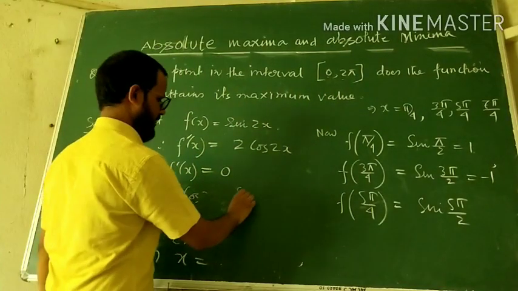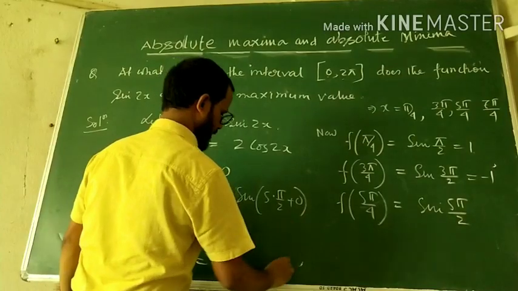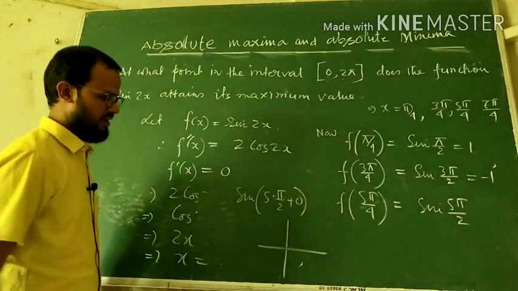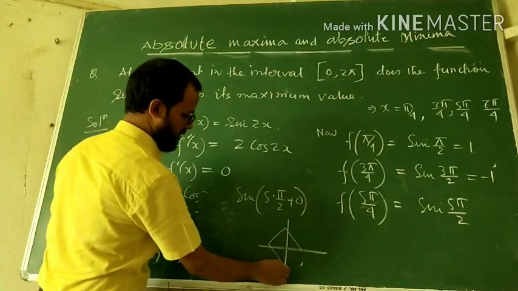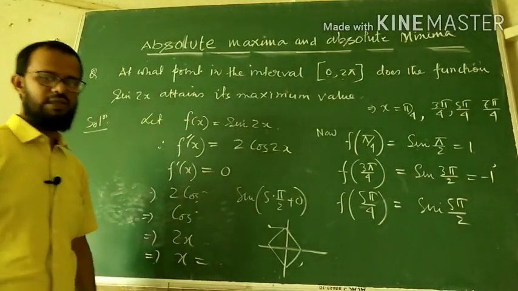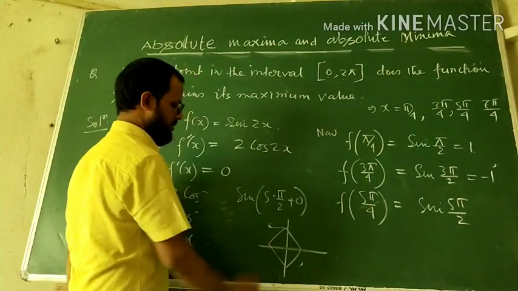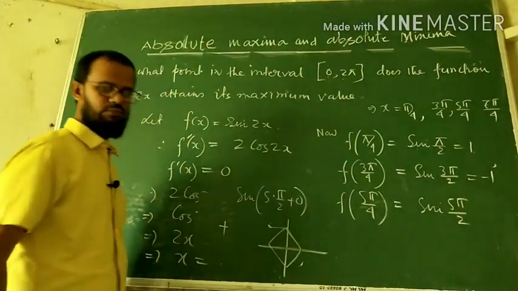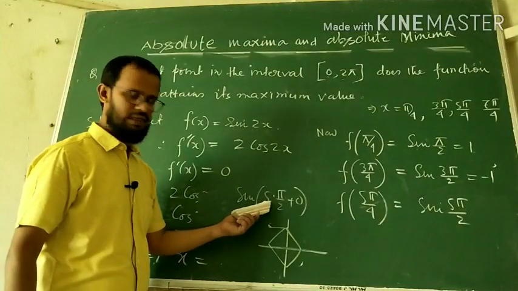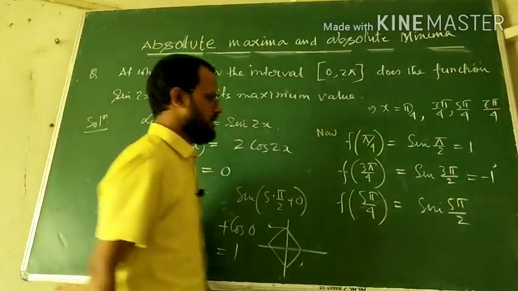Now sin 5 pi by 2, 5 into pi by 2 plus 0. Again use the quadrant: 1, 2, 3, 4, 5 quadrant. It comes in the second quadrant, where sign is positive. And for an odd number, sin changes to cos. So cos 0 equal to 1, so it is equal to 1.